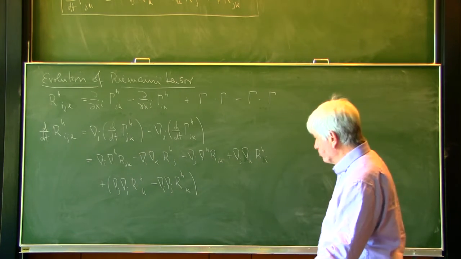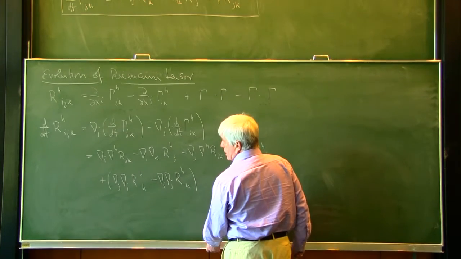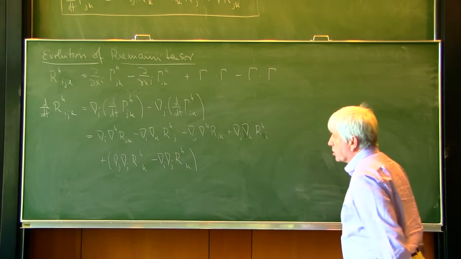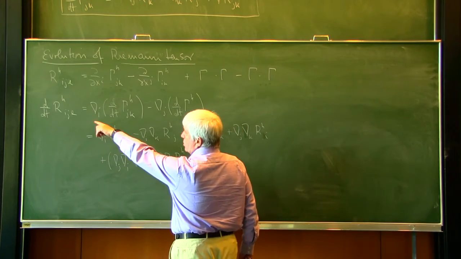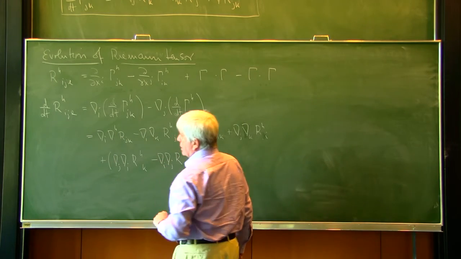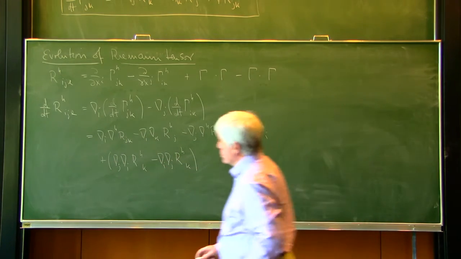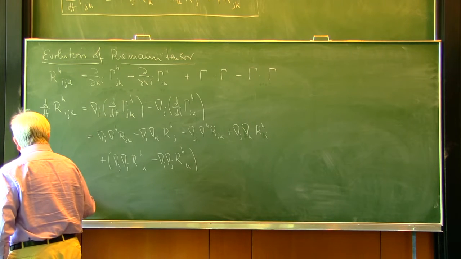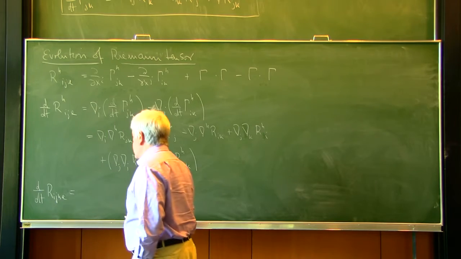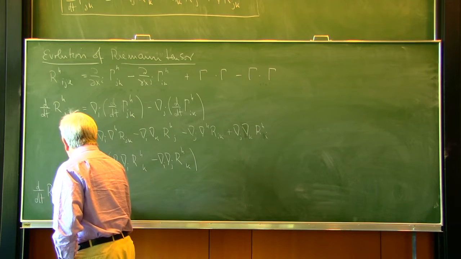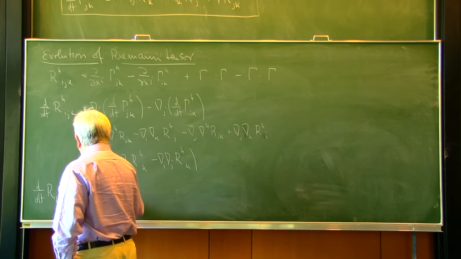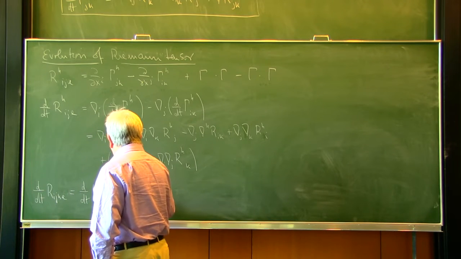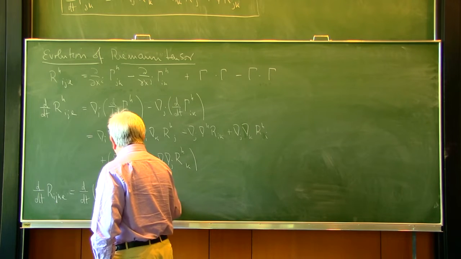So this term here is a commutation of two indices, so we can replace this term by a curvature term. On the other hand, we also want to have all the indices down, so what we really want is d/dt of R_{IJKL}, which is d/dt of the product where we have g_{HK} times R_{HIJL}.